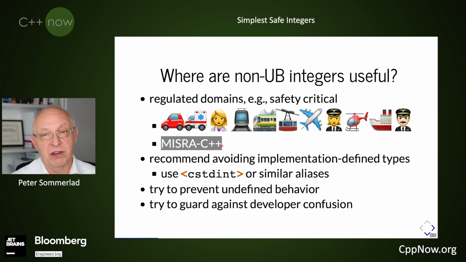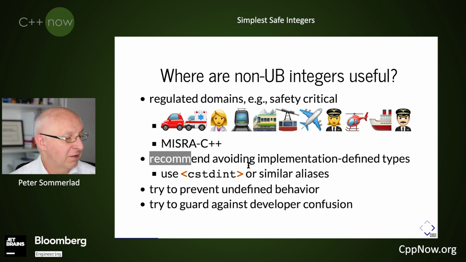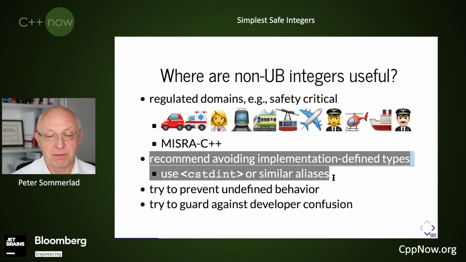And I'm currently working with that group on getting a new release out, because the current MISRA-C++ guidelines from 2008 are quite dated and are not accommodating what modern C++ should look like. For example, one recommendation MISRA-C++ provides is telling you not to use the standard integer types, especially because their sizes are implementation defined.